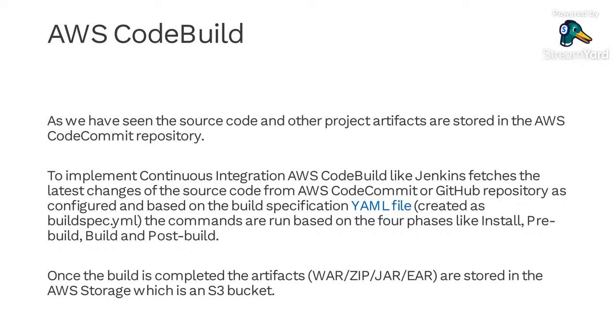All these actions you will write into the YAML file. Once you build your Java code, it can be in different formats, either WAR, ZIP, JAR or EAR. Once it is available in your S3 bucket or repository where you want to store it, you can execute or deploy that code if the build is successful.